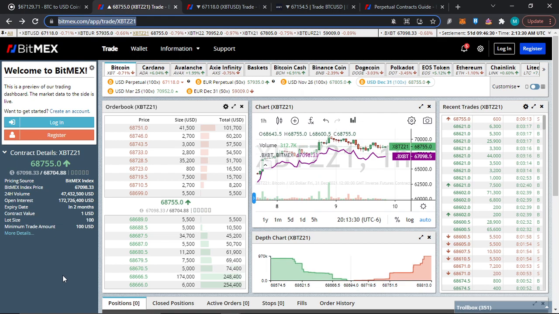Cash settlement is when the exchange between the parties is settled and delivered in a cash equivalent to the underlying asset. Physical settlement is when the exchange between the parties is settled and delivered in the underlying asset that was traded. So, for instance, commodities like cattle or corn, or even our love of Bitcoin.